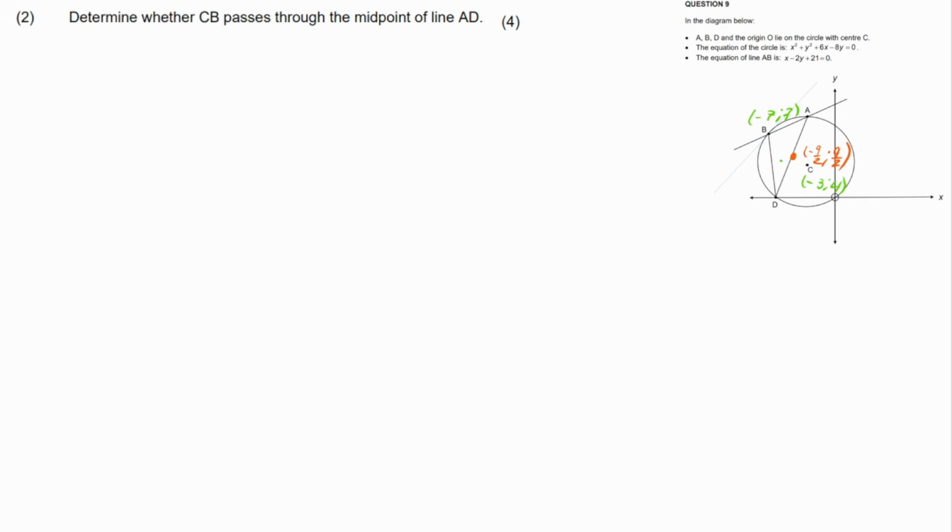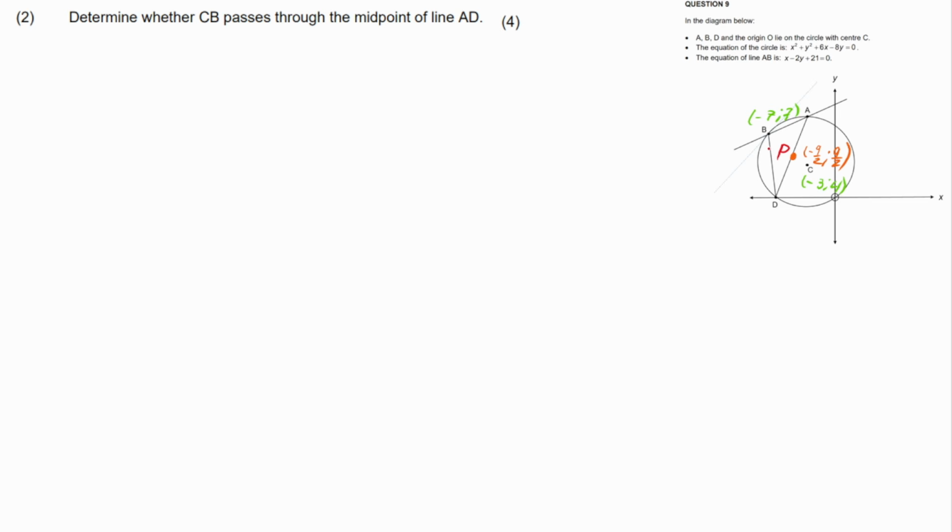So we need to determine whether CB passes through the midpoint of AD. Let's give the midpoint a letter, let's call it P. So we need to determine if the line CB goes through P. This is what we call collinear. So we need to determine if they're collinear. We have to test collinearity.